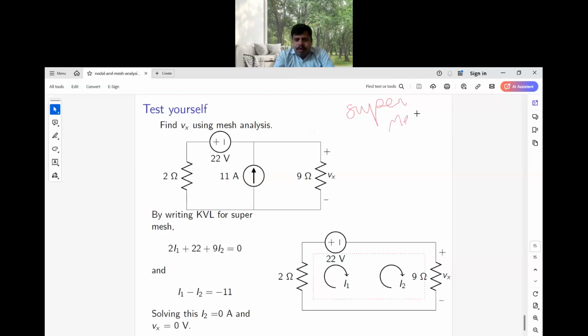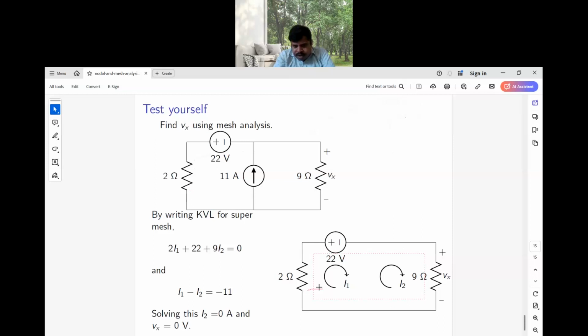Super mesh. Okay. So whenever the super mesh is there, you need to apply KVL combinedly for these two loops like this. Sorry, KVL.